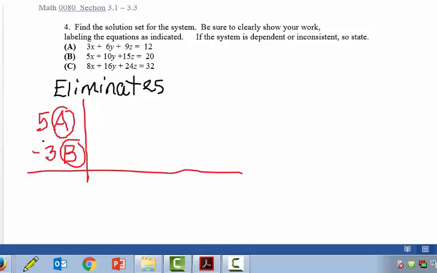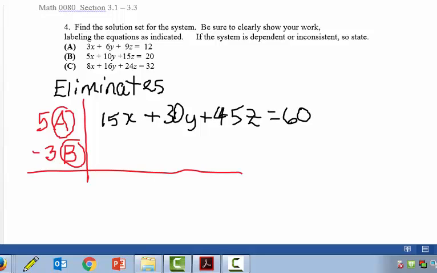Taking the coefficient of x in equation A and multiplying that by B. Since x in the two equations has the same sign, one of my factors that I multiply by has got to be negative in order for these coefficients to be opposites. So I chose to make the 3 negative. I could have just as well made the 5 negative.